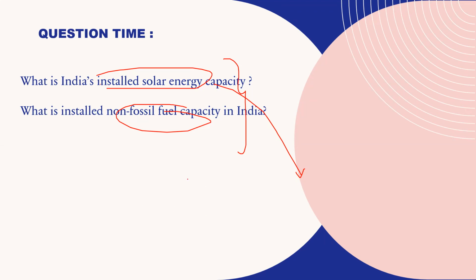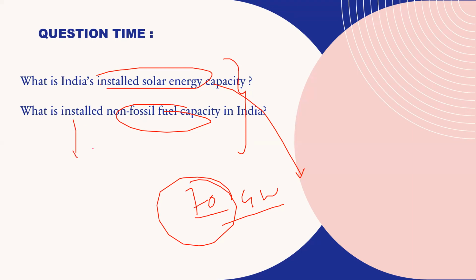Remember, it is in the 70s. Some 70 gigawatt installed solar energy capacity we have already achieved. What is the total non-fossil fuel capacity we have achieved recently?